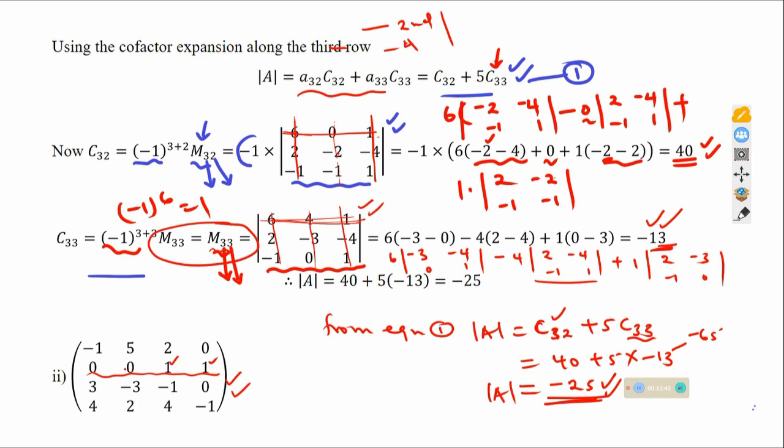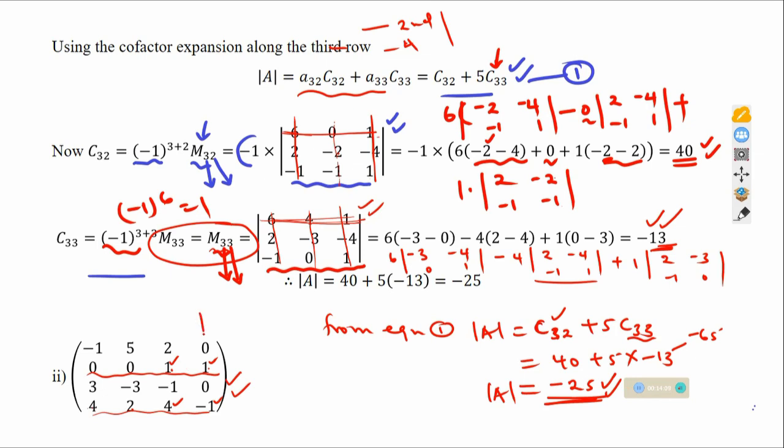So which means you can easily use this row here, and you will only need to basically consider the cofactor of this and the cofactor of that. But if you use like this fourth row, then you will need to calculate the cofactor of this 4, the cofactor of this value, the cofactor of this, the cofactor of that, which will be a bit hectic compared to a person who would have chosen the second row.